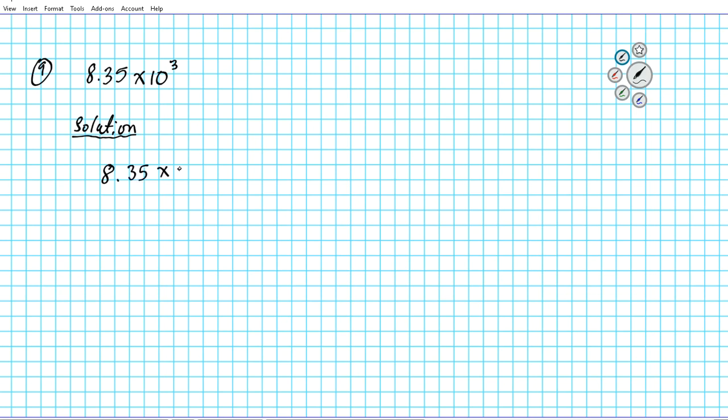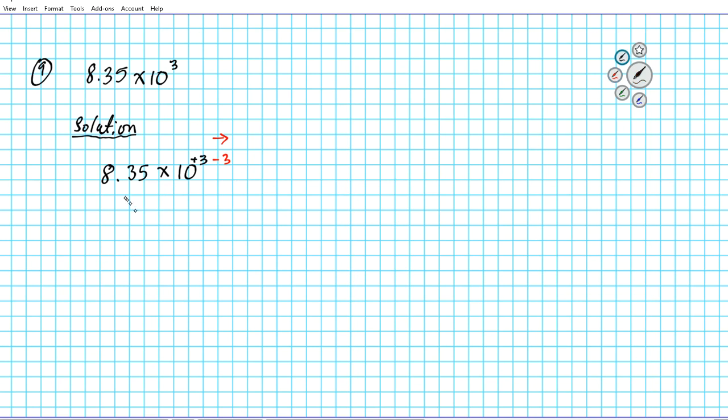How do we do that? We need to get rid of this 10 to the positive 3. In order to get rid of positive 3, we need to use the inverse, which is minus 3, which indicates we're going to be moving the decimal point to the back 3 places.